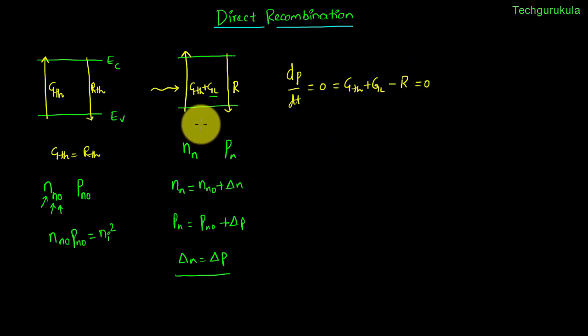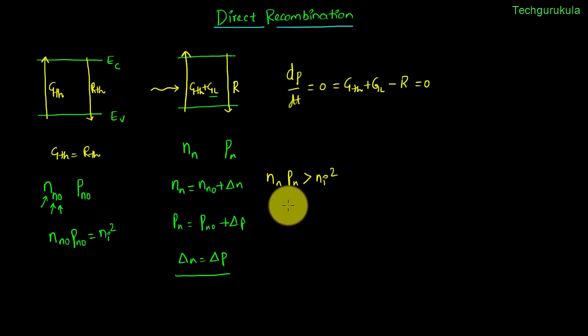Let me quickly summarize. We have a semiconductor in thermal equilibrium. We excite light onto the semiconductor, and we are taking the semiconductor away from thermal equilibrium so that the carrier concentration is higher, where Nn times Pn will not satisfy ni square. It will be greater than ni square because it is not in thermal equilibrium.